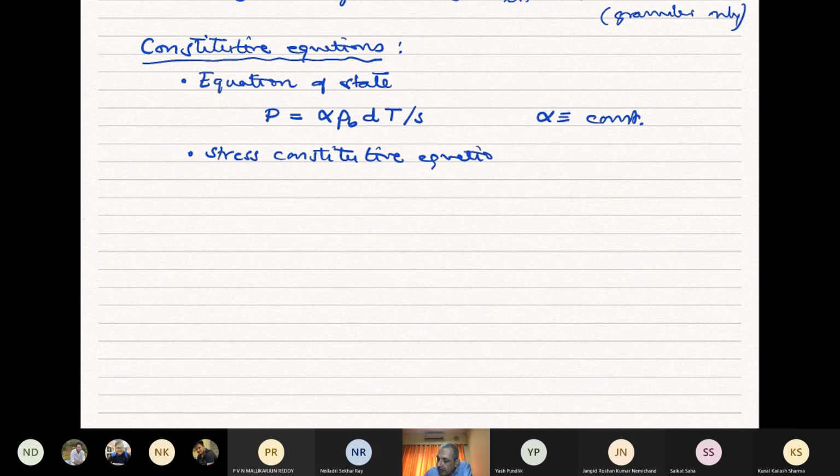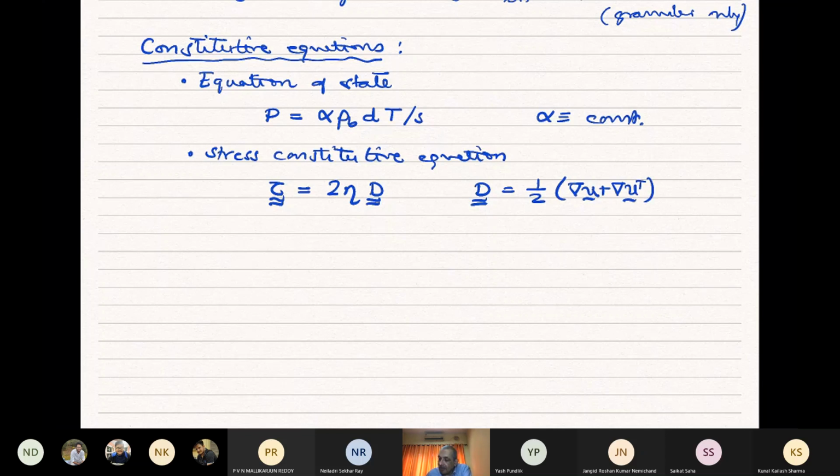For fluids, we are very familiar with the stress constitutive equation for a Newtonian fluid. And so here also we assume the same equation to hold, that tau is equal to 2 eta D, where D, as we have seen before, is nothing but half of gradient of u plus gradient of u transpose.